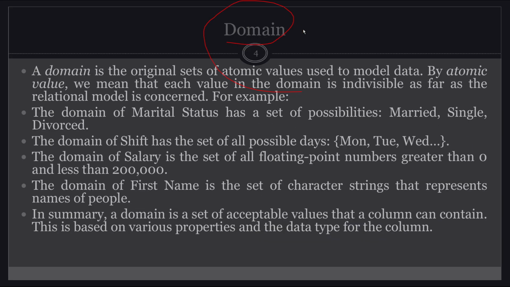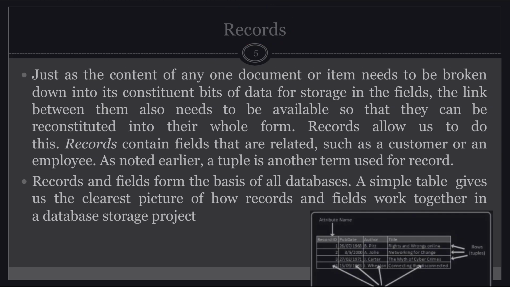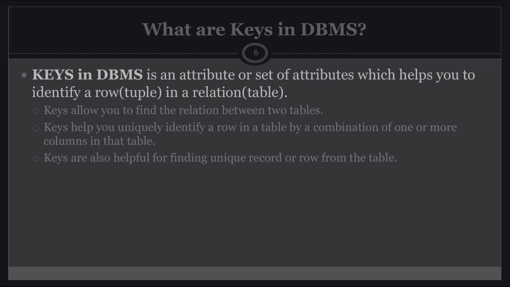We just covered that. Domains are from a previous lecture, so we're not going to repeat that. Records, we just explained these. Now, what are keys in databases? A key is an attribute or a set of attributes which helps you to identify a row in a relation, like a row in a table or a tuple in a relation, same thing.